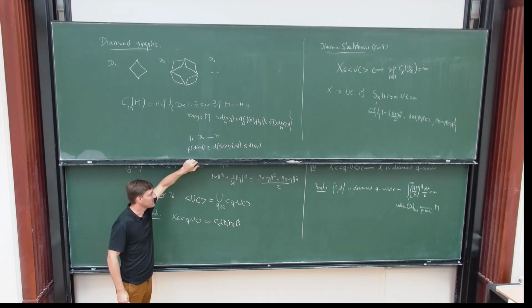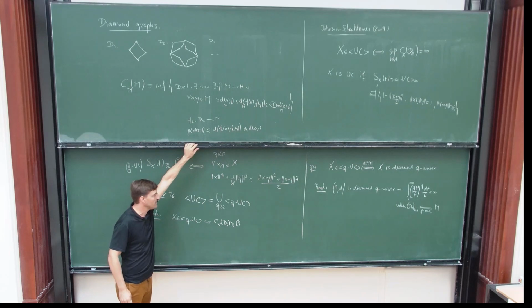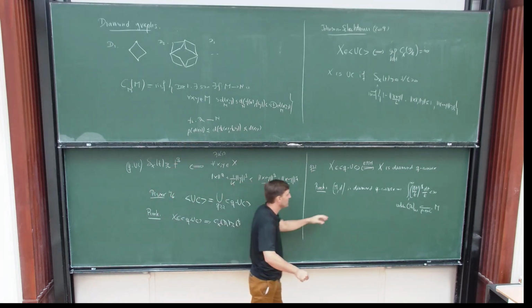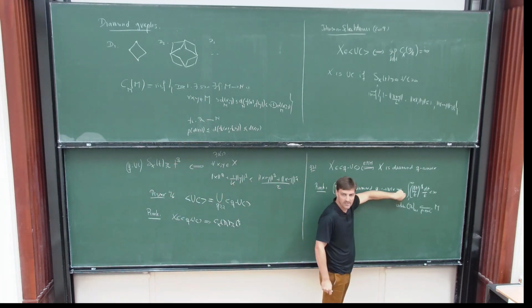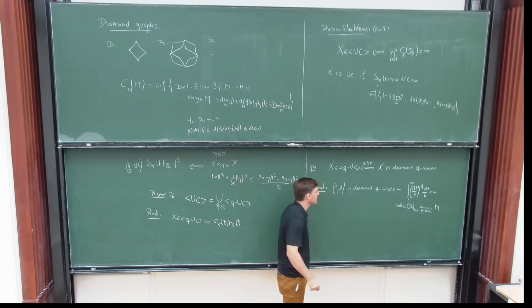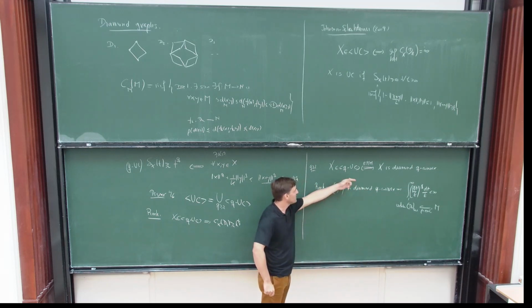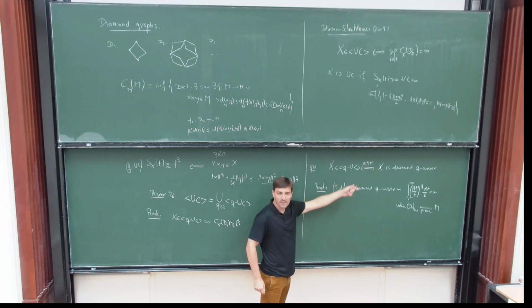So when you have this Poincaré type inequality, then you have this control here. This was first observed by Romain Tessera, but not for the diamond graph, but for the binary trees.